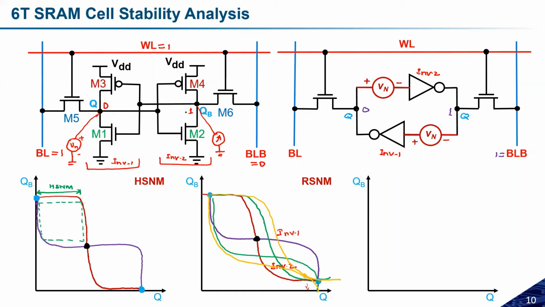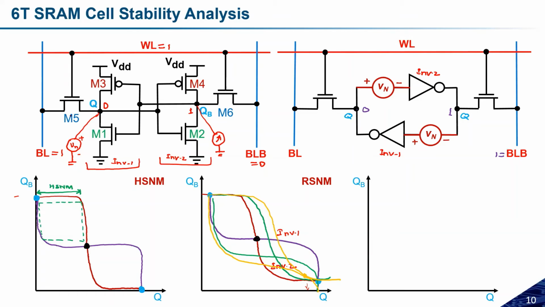Now let us try to understand how it could be done. So during the write operation, the voltages which we have here, this M1 and, yeah, let me write a few things over here so that it will be better. Okay, yeah, here.